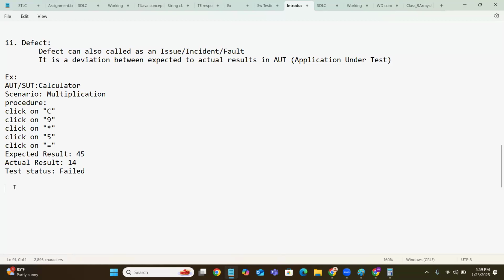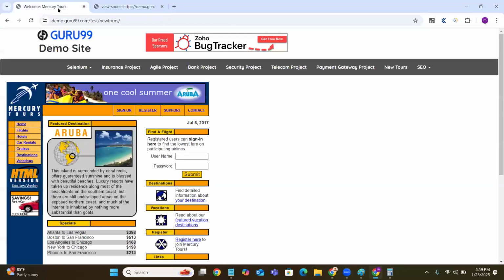So now I will show one practical scenario here. If I go for this application here, register link, I'm going to click. When I click on the register link, what is your expectation here? When I click on the register link, registration form should be opened, right?